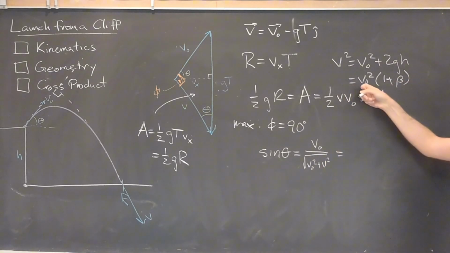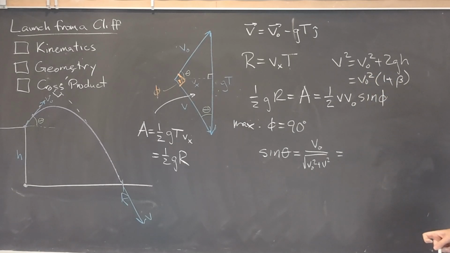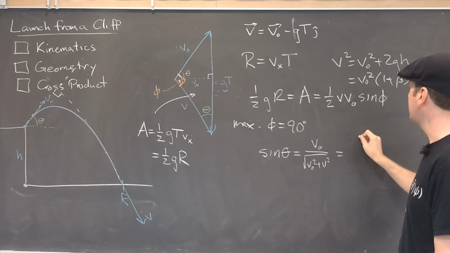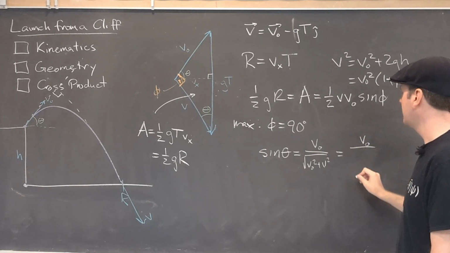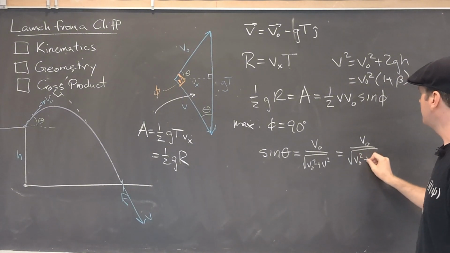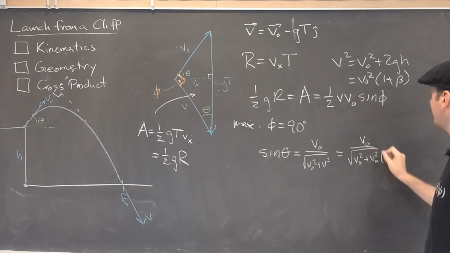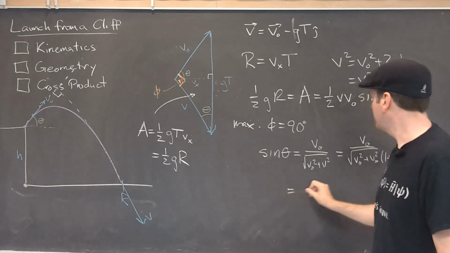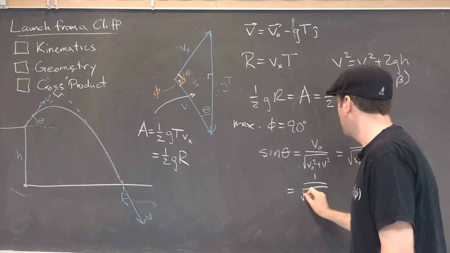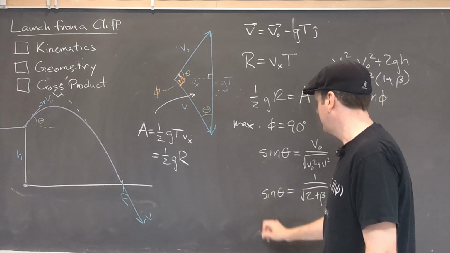But look, we know what V naught squared plus V squared is by our previous result. And so substituting that in, I will end up with V naught over square root of V naught squared plus V naught squared times 1 plus beta. And canceling out all of the V naughts gives me 1 over root 2 plus beta. That is my launch angle.